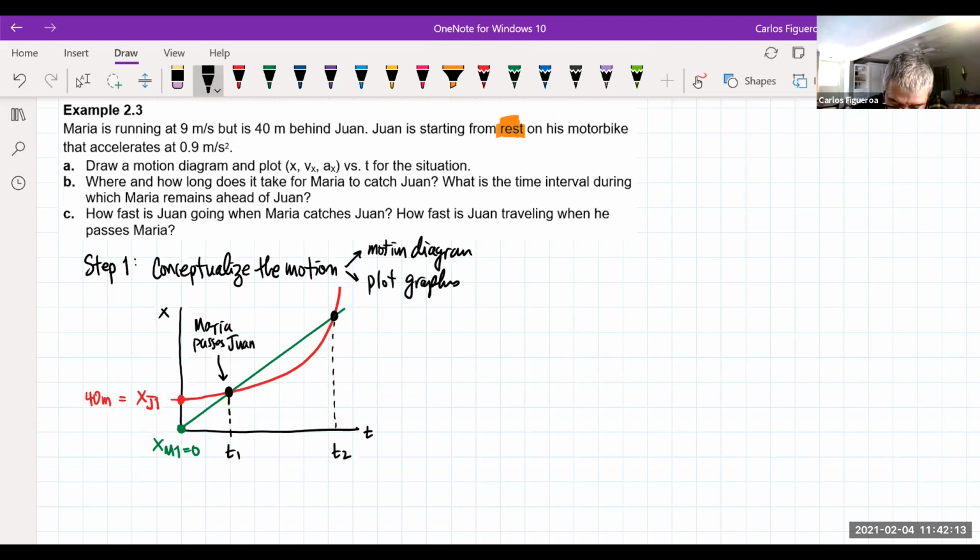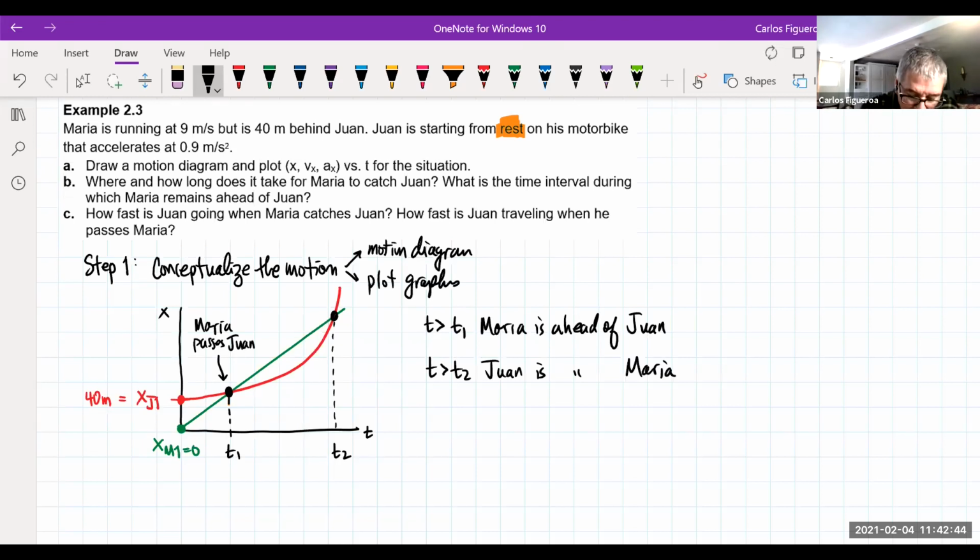And you could see here that for T greater than T1, Maria is ahead of Juan. For T greater than T2, we know that Juan is ahead of Maria.